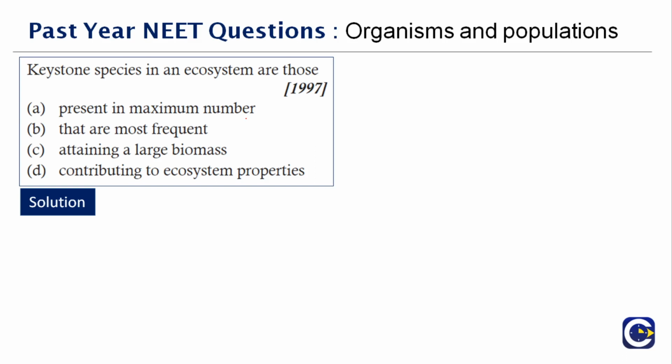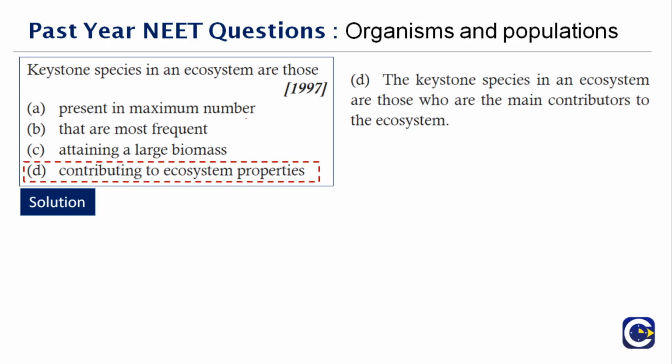Okay, that is keystone species. Now, they are not present in maximum number. They are most frequent? That is also wrong. Attaining large biomass, that is also wrong, because I just now told you their quantity is very, very less, but their importance is very, very high. So contributing to the ecosystem properties is the one thing unique about these keystone species. Therefore, the right answer to this question is option D.